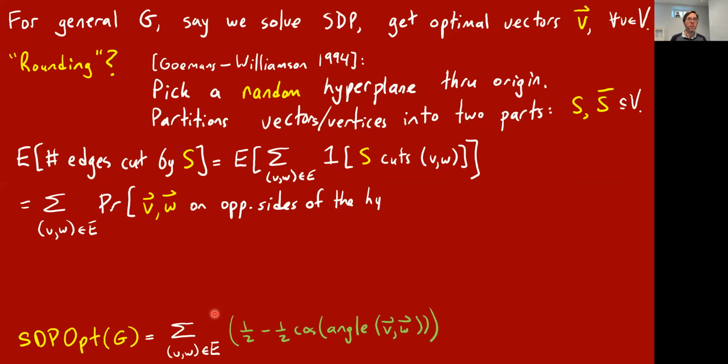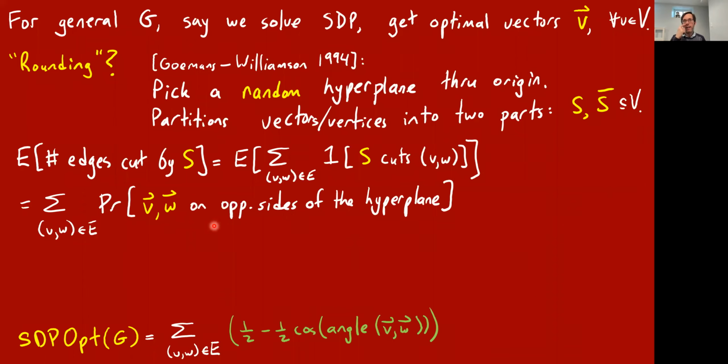So it's the sum over all edges of the probability, over the choice of the random hyperplane through the origin, that S cuts this edge, which, according to the algorithm, happens if and only if the two vectors, V vector and W vector, associated to these vertices by the SDP are on opposite sides of the hyperplane.